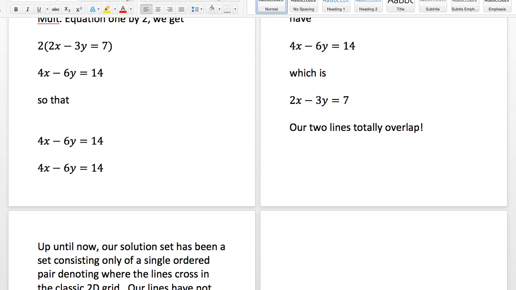But now we've got an overlapping guy, right? I'll talk about parallel in a minute, but right now we're doing overlapping.